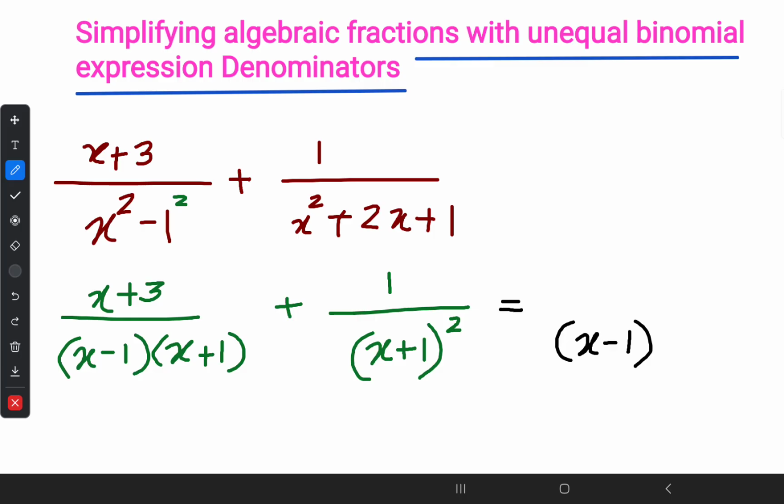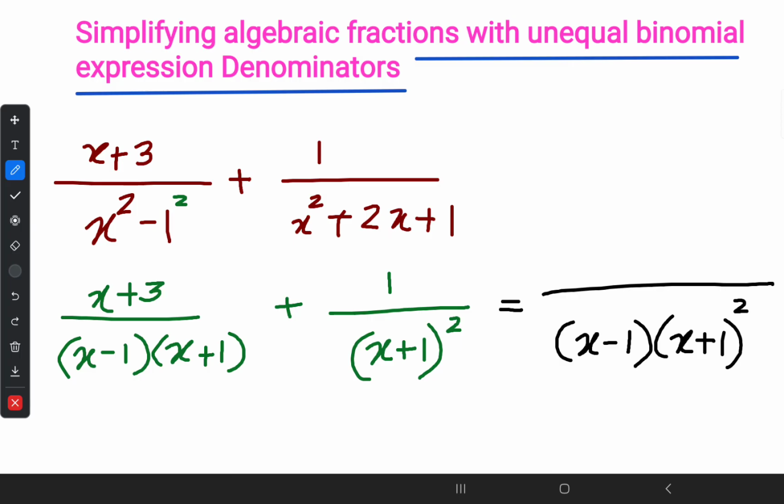Highest power would be square. So (x + 1) square. Our denominator task has completed. x − 1 is the one and only expression related to it, and x + 1 has two different values. We need to select the highest indexed one as the LCM.